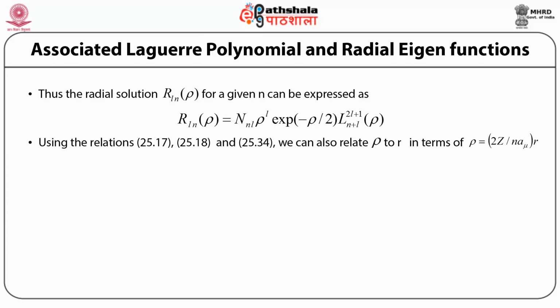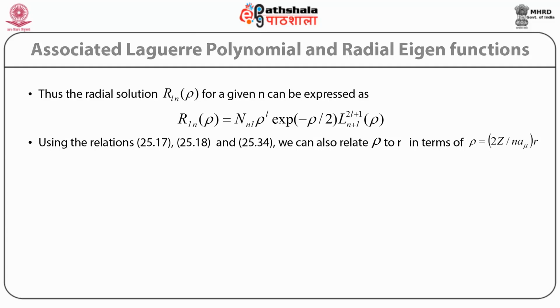So using the relations 25.17, 25.18 and 25.34, we can also relate rho to r in terms of rho equal to 2Z by n a_mu multiplied by r, equal to 2Z by n a_0 multiplied by mu by m multiplied by r.